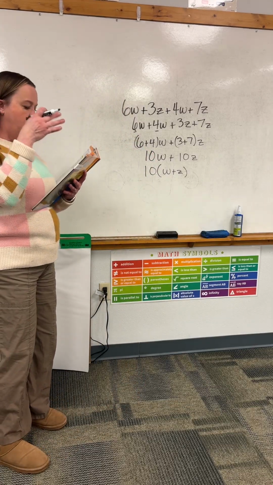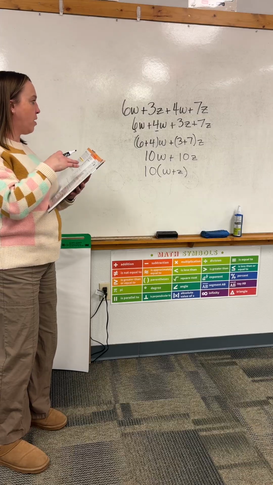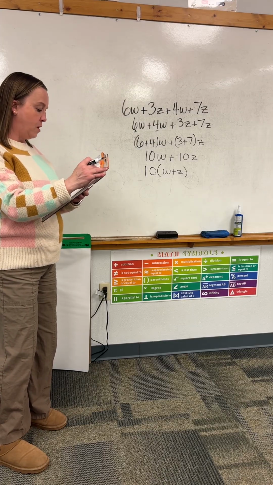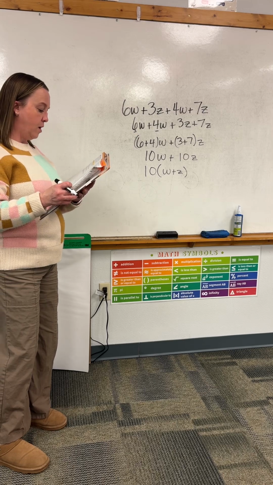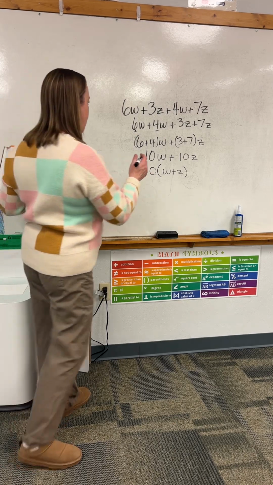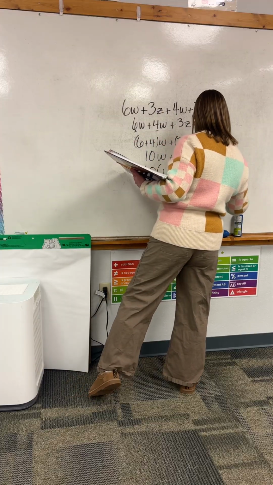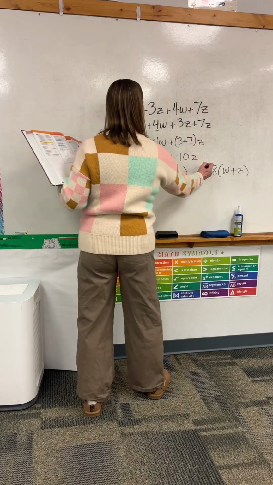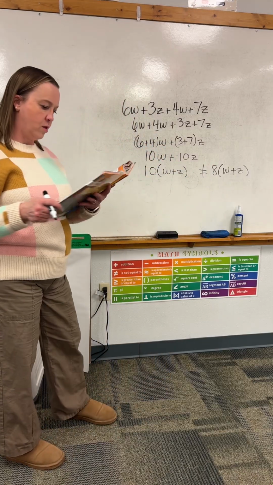So the w is being multiplied by the 10 and the z is being multiplied by the 10. So the coefficient for both of those, the w and the z, is 10. When we look at it, we say they are not equivalent because 8w plus z was what they were trying to decide if they were equivalent to, and they are not. So they're not equivalent to each other.